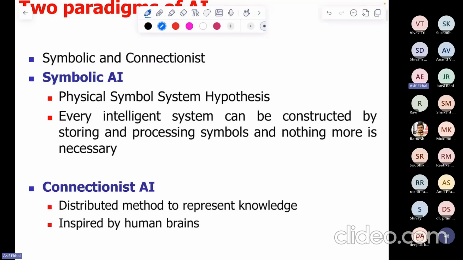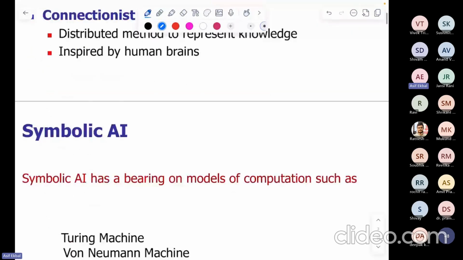So inherently our brain works in a parallel, distributed fashion. Can you mimic that kind of behavior in computers? That is what connectionist AI is doing.